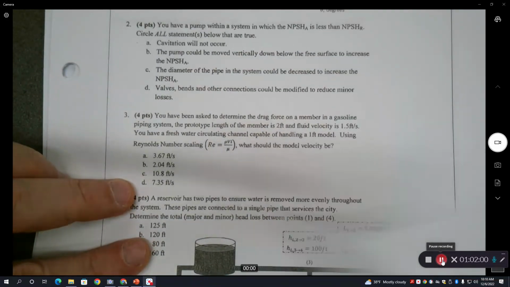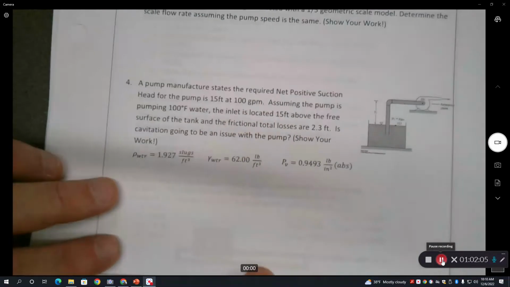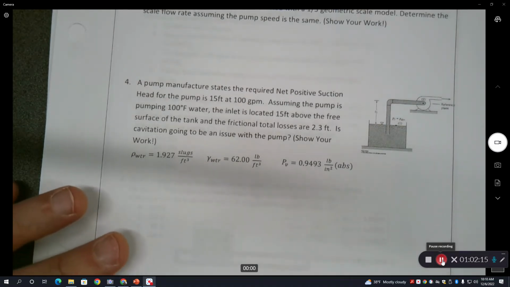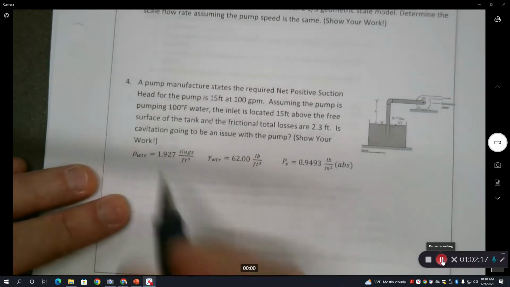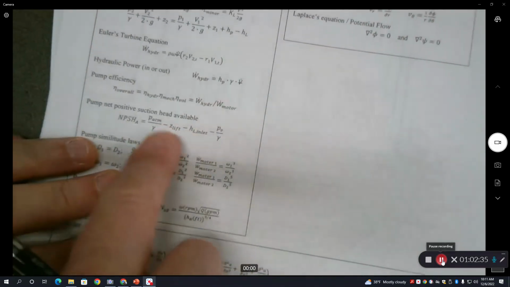Well, this really is a cavitation problem right here, where we want to write out the net positive suction head relationship, which is given on the equation sheet. By the way, there are some equation sheets right there if you don't have one. There's a slight change, but not much, on this one.